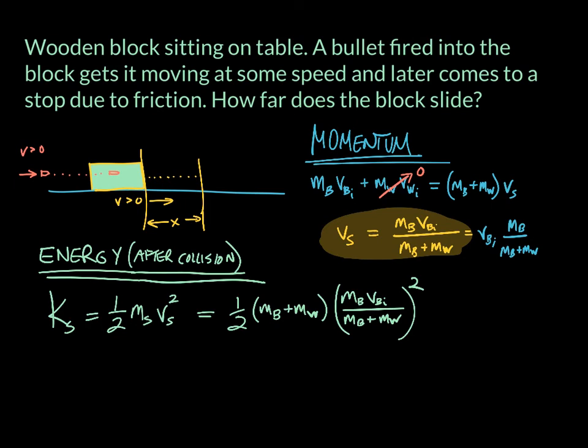Hopefully you see that this system mass will kill that system mass, but I have to make sure I square the numerator, okay? Well, let me be more careful here. I'll write this out.